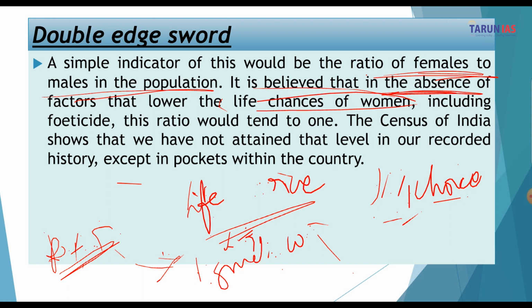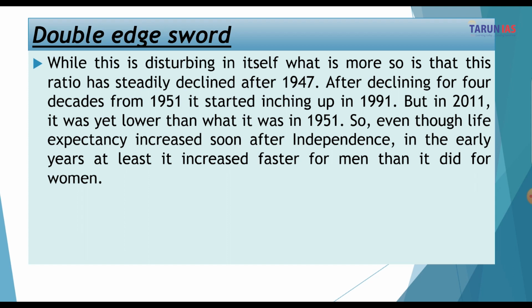When we speak of life chances, it depends upon the socio-economic condition of a person. So life chances for a woman are particularly limited in a country which experiences high income inequality but also gender inequality. And there are of course regional differences with respect to this.